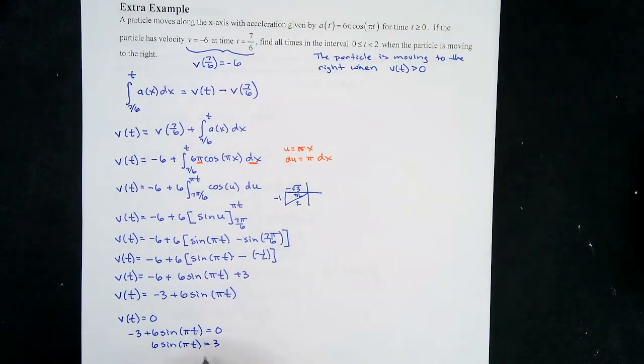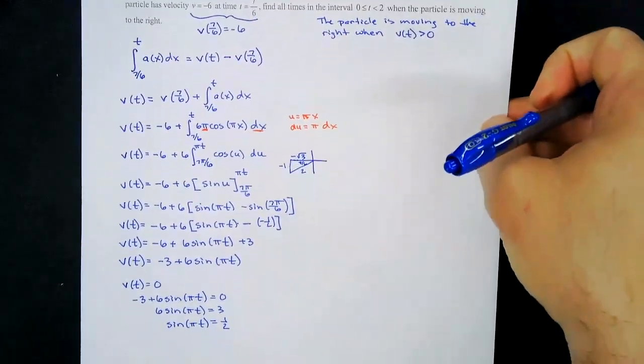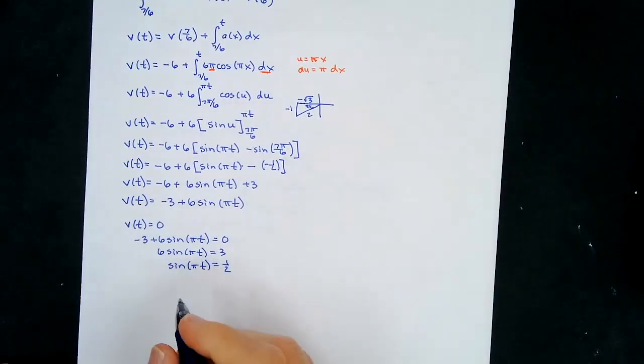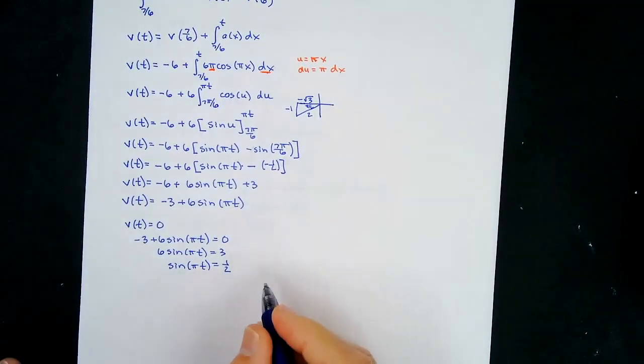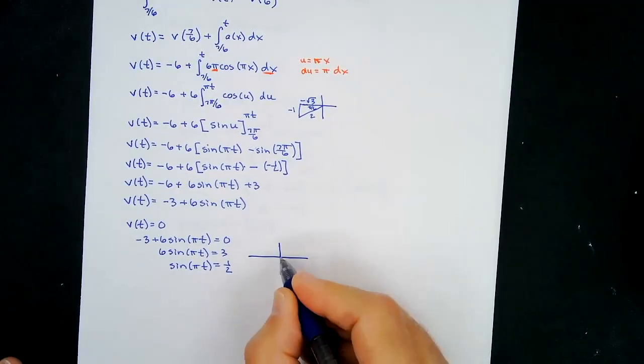And then I'm going to divide by 6, which is going to make this 1/2. So sine of pi t is equal to 1/2. Okay, so we gotta figure out when is the sine ratio 1/2. So I'm going to slide this up a little bit. When is sine positive, right? Well, sine is going to be positive in the upper two quadrants, right? So it's going to happen right here.